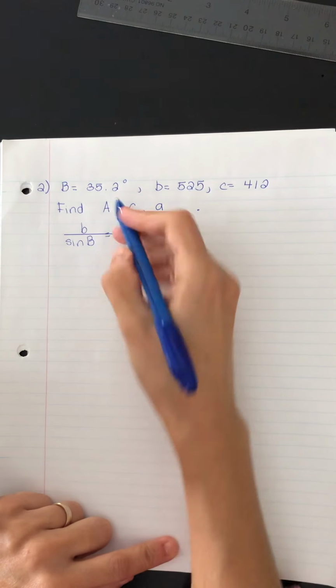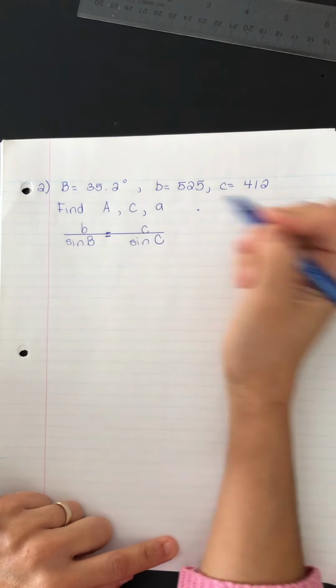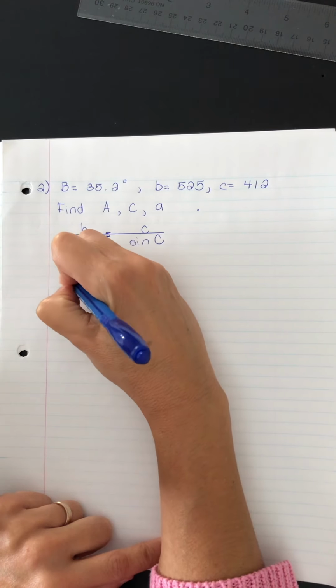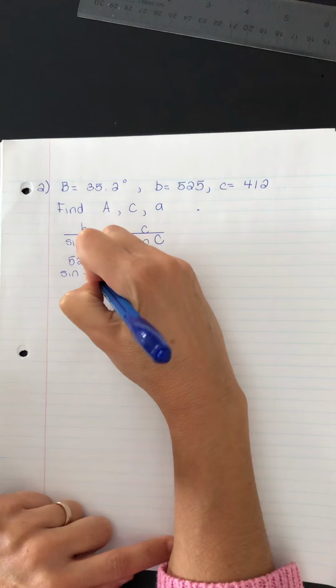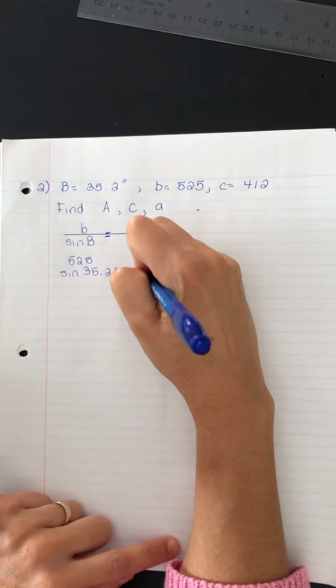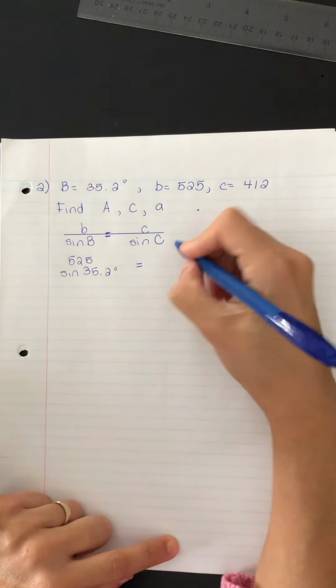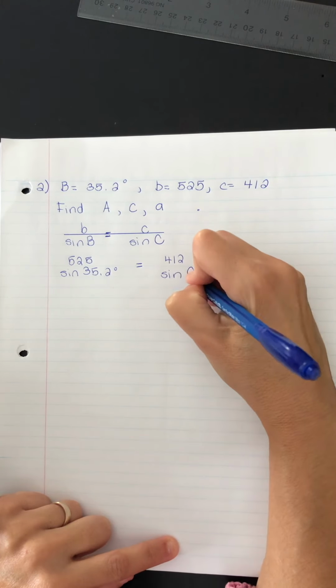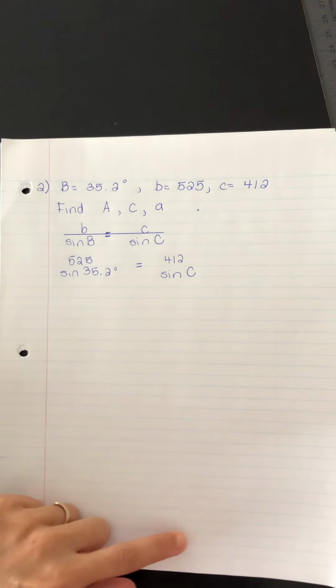So, equal sign here in the middle. So we have 525 over the sine of 35.2 degrees is 412 over the sine of angle C, like that.